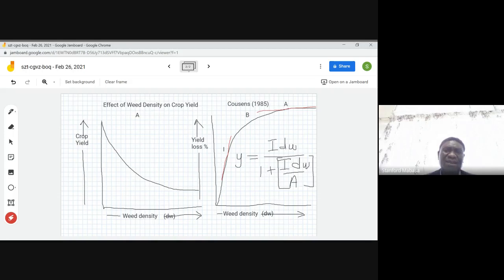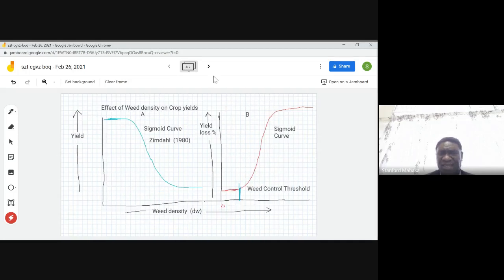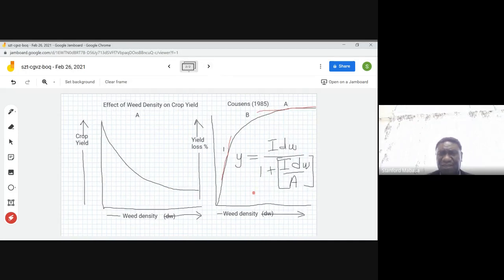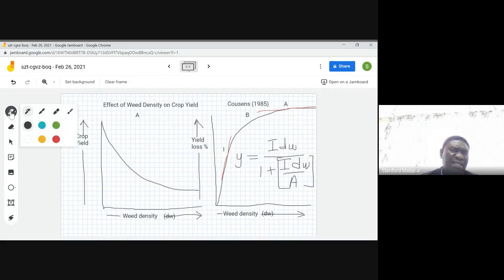It's not clear on the graph like the previous one. Here we have to use this equation in order to get the weed control threshold. In most cases, farm managers use this 5% as the percentage which they can allow.